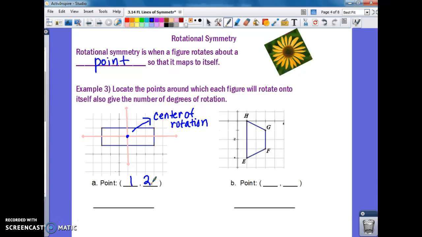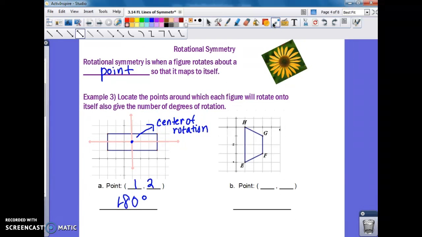Now with it being a rectangle, can we rotate it a certain number of degrees? We can only rotate it 180 degrees. Otherwise, we'd have to rotate 360 to get back around, and that would just take it back to itself. Now, same thing with this one.